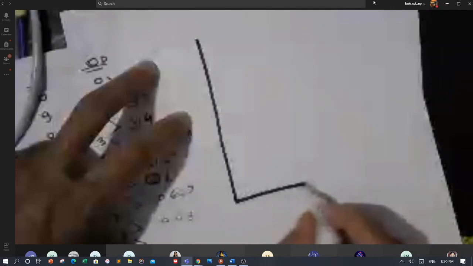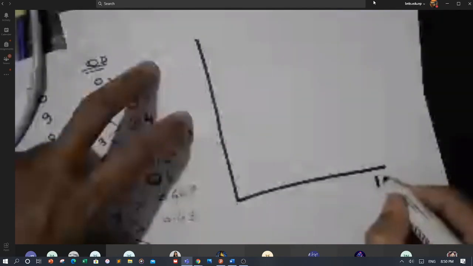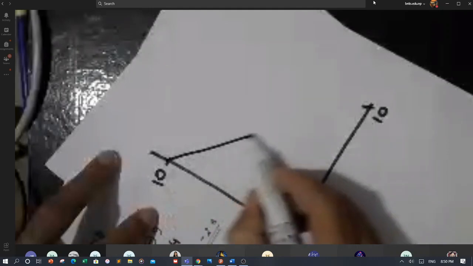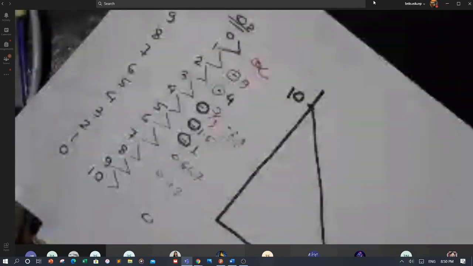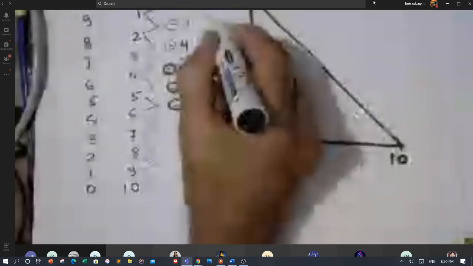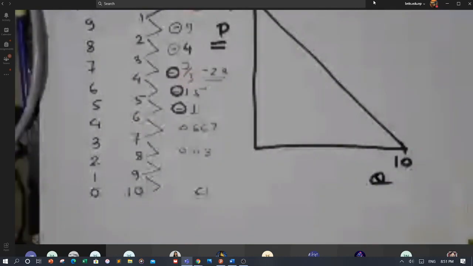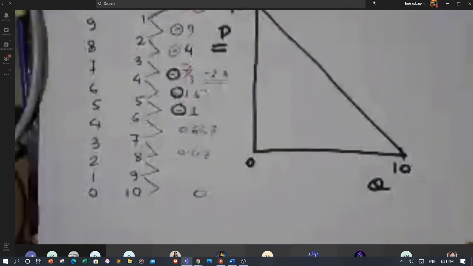If you have drawn the figure, I had asked you to draw it according to the scale. Suppose this is 10, this is also 10. I'm not going to draw according to the scale, but if you draw the curve, this is price, this is quantity, this is origin.